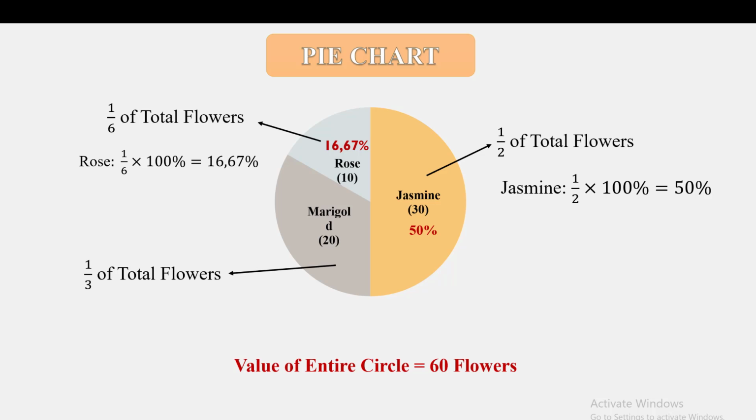Marigold 1 by 3 multiplied by 100% equals 33.33%.